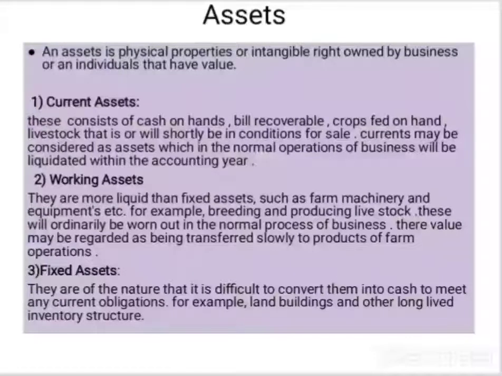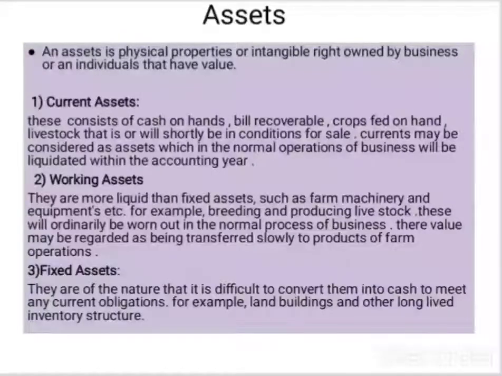So current assets are those assets which can be converted into cash at the earliest, within 1 year, in a very short span. If a certain physical property can be easily converted into cash within a short time period, that kind of asset is termed as a current asset.